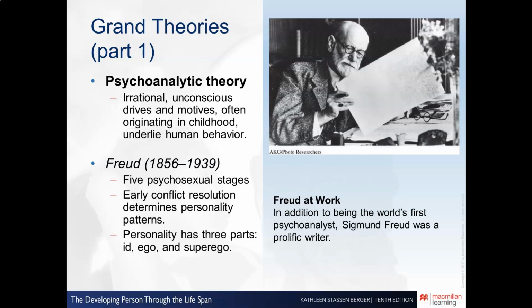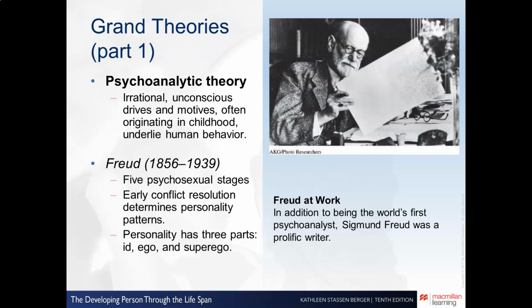And he basically looked at what he called irrational, unconscious drives and motives that usually originate in childhood and that underlie our human behavior. So basically what that means is he proposed that a lot of our basic drives and motives actually come from unconscious drives from childhood, things that we experienced in childhood.